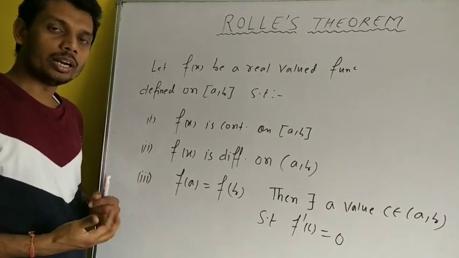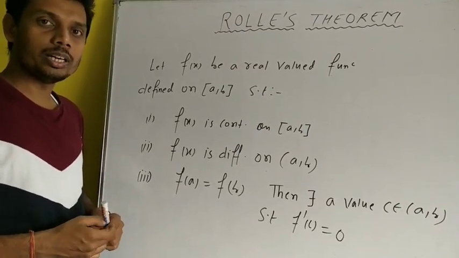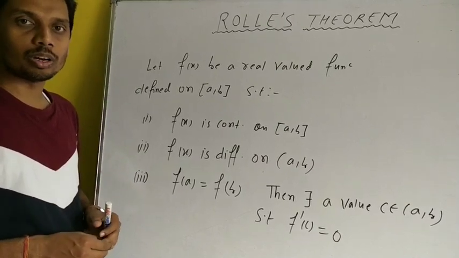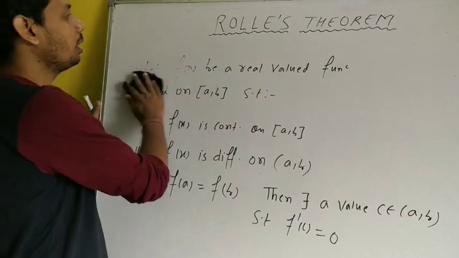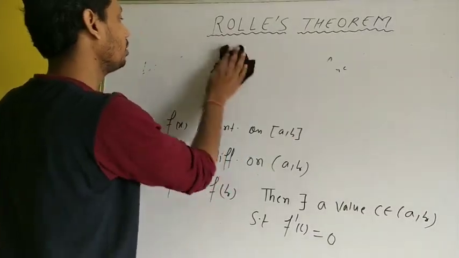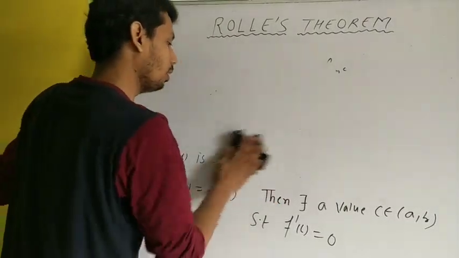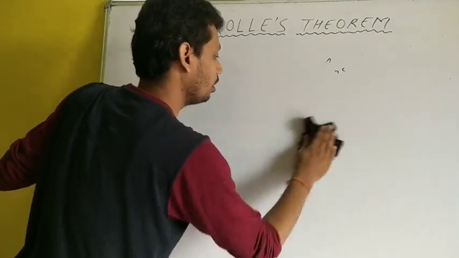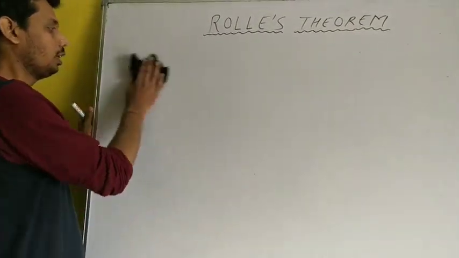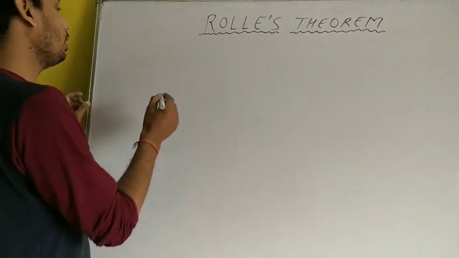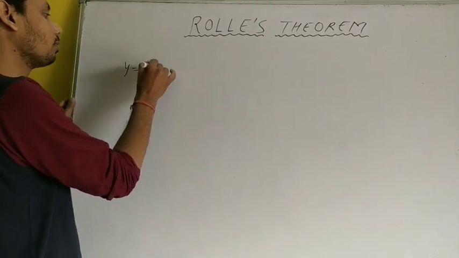Now we will understand the geometrical interpretation of Rolle's theorem. Let us consider a curve y is equal to f(x).